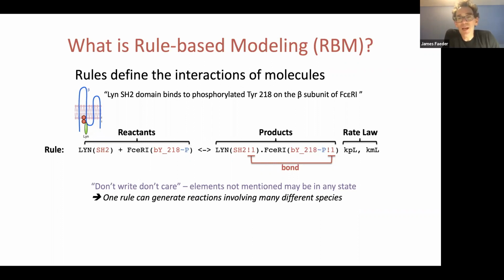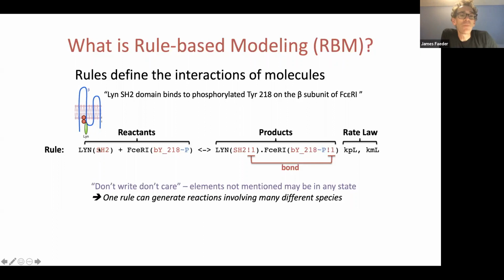And a couple more words about what these patterns mean. When we refer to a component in a reaction rule, the way that we interpret that is that this component must be present. If we don't refer to a binding state, if there's no bond listed and we're talking about a reactant, this means that this component is not bound to another component.